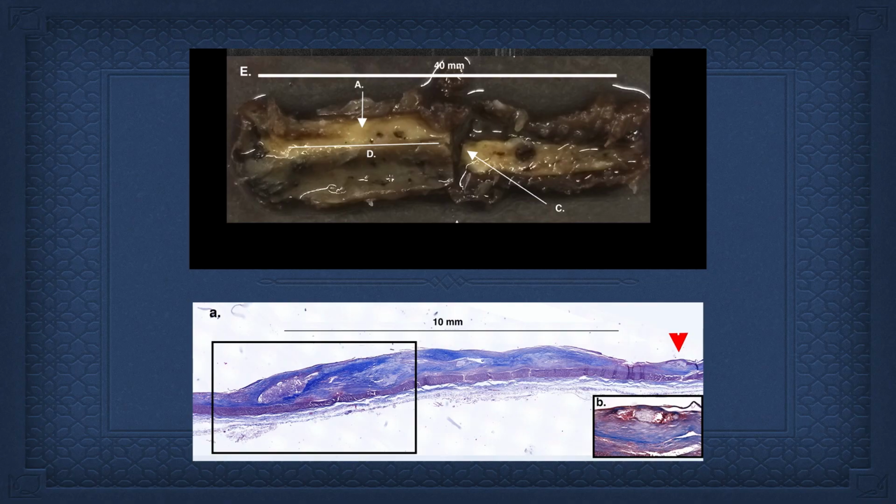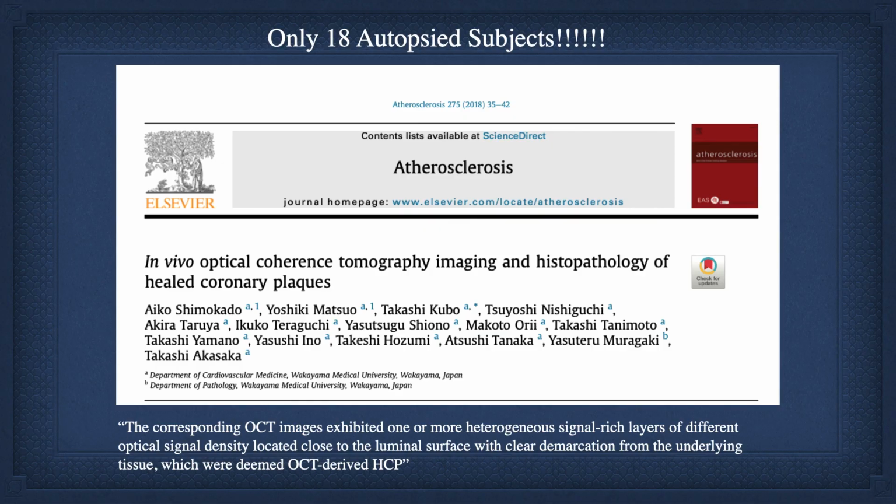So if we go to the paper that, and I think it's of great people, are going in with OCT and looking for healing, and I'm not trying to be critical of those groups or the people who did this work. This particular paper is the one paper that's supposed to validate OCT imaging, looks at healed plaque. And healing, type 3 collagen was a healing plaque, and type 1 collagen was more stable area.